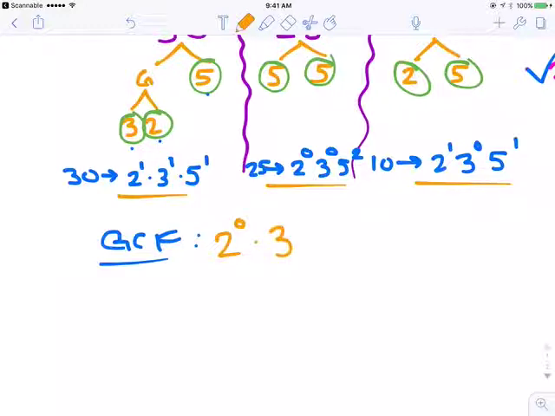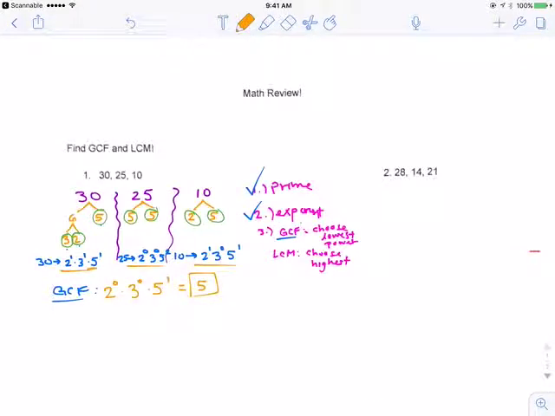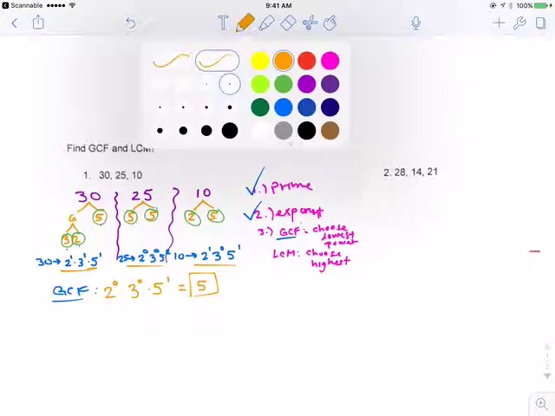So times 3 to the power of 0. What's the lowest power of 5? 5 to the power of 1, which is right there. What's that equal to? 5. Isn't that nice? It's the power of primes. Primes are really useful.